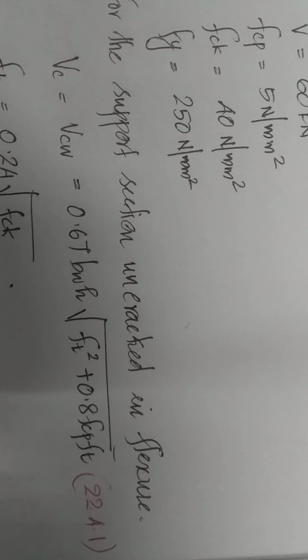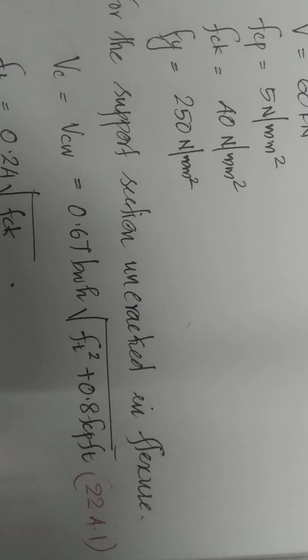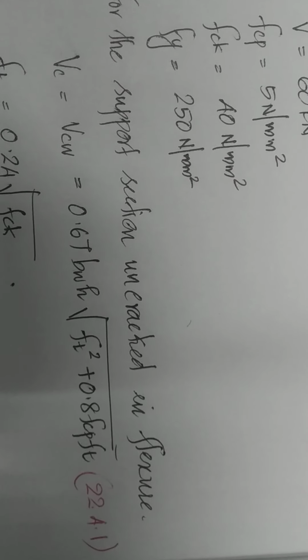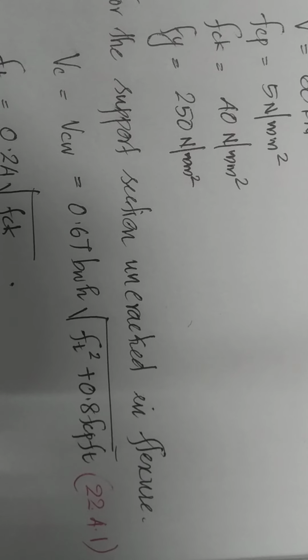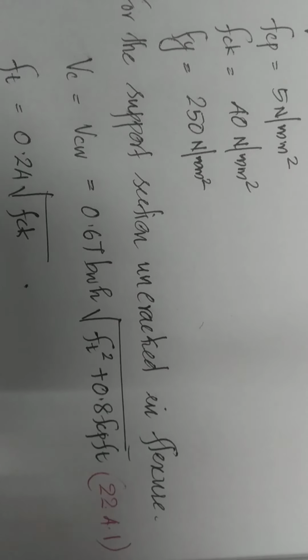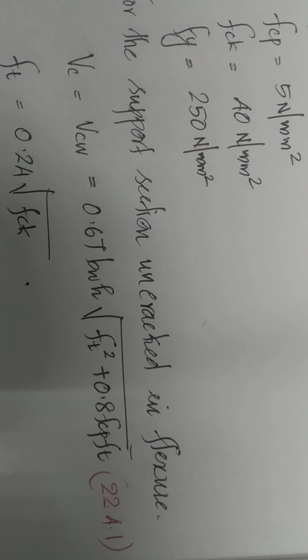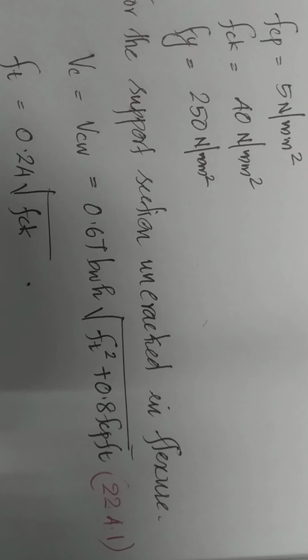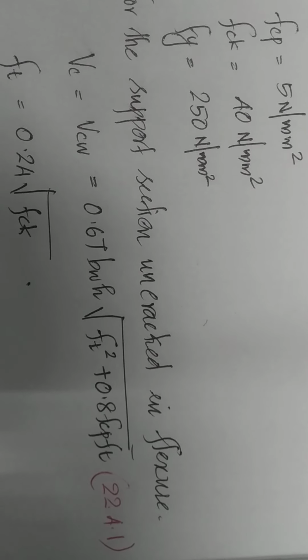In that, let us look: bw we already have, h we have, ft can be determined by using the equation 0.24 root fck. Therefore, ft can be determined in this way, and fcp is already given in the question. In that way, we can calculate, and we obtain the value of Vc as 48.4 kilonewton.